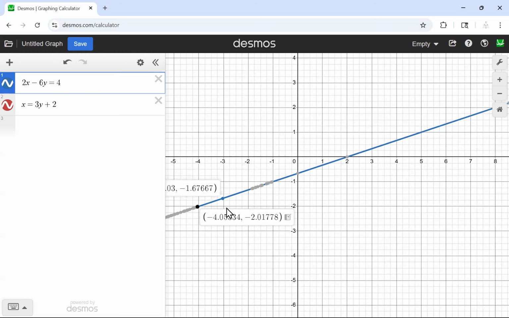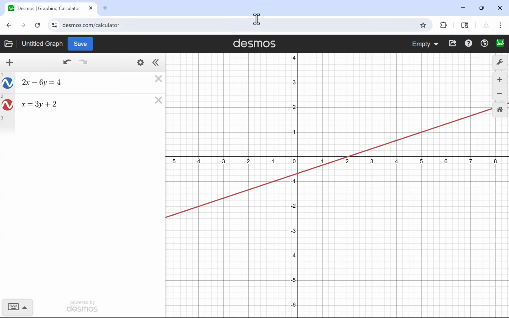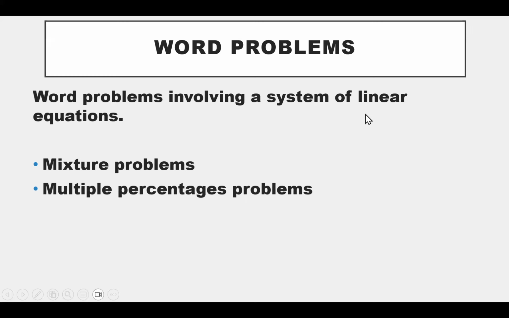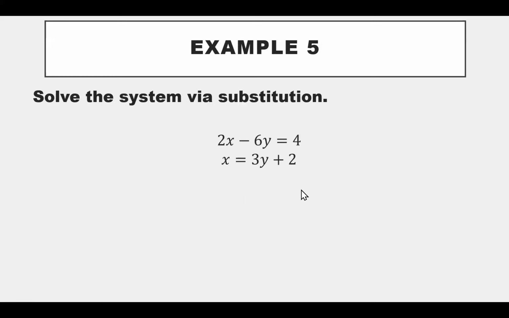Therefore, there's infinitely many solutions to this system of linear equations. So again, that system we saw by substitution had infinitely many solutions.